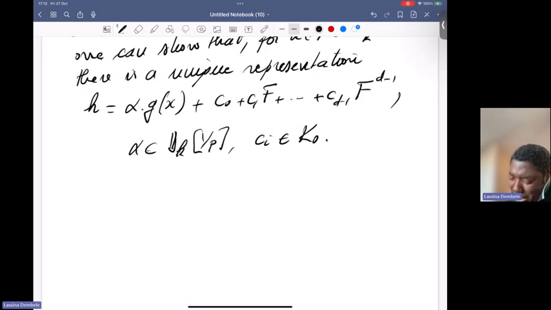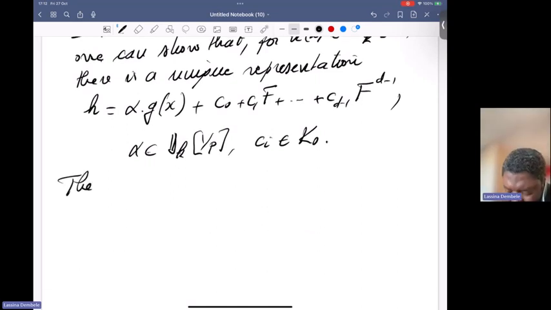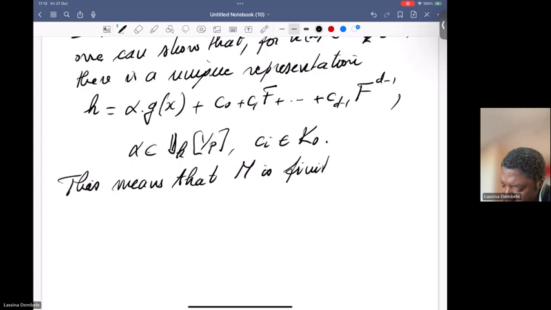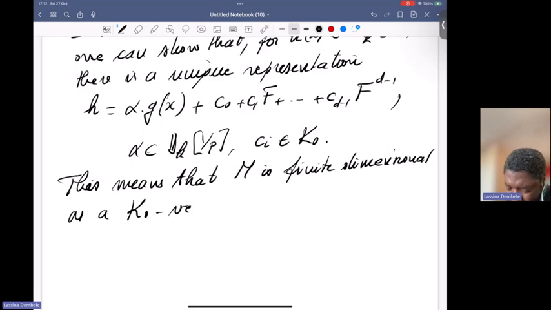And so this means that M is finite dimensional as a K0 vector space. Yeah, so that's what it means.